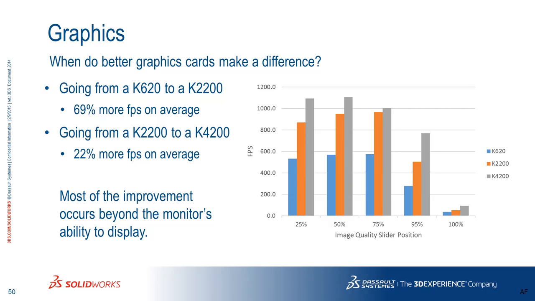More frames per second than the smaller ones, or the less expensive ones, the less capable ones, whatever. It does make a difference. But this is where Josh's slide earlier that measures frames per second makes a difference and why we brought it up. All of this difference is so far beyond what you are capable of noticing.